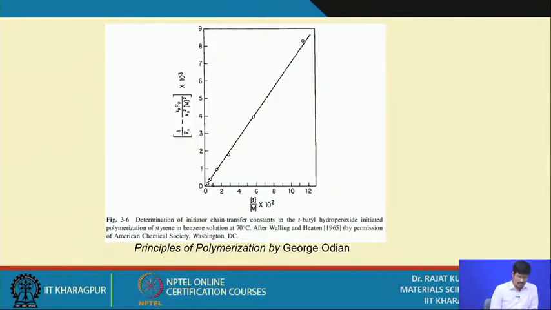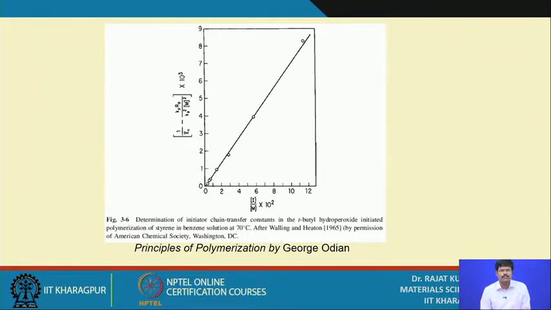On the y axis you are plotting that particular expression, and on the x axis is I by m, and for this kind of system, this is tert butyl hydroperoxide initiated polymerization of styrene, and the chain transfer constant to styrene is negligible for this, and so you will get a linear plot like this because the Cm is approximately constant. So, you can get the value of Cm and Ci like this.